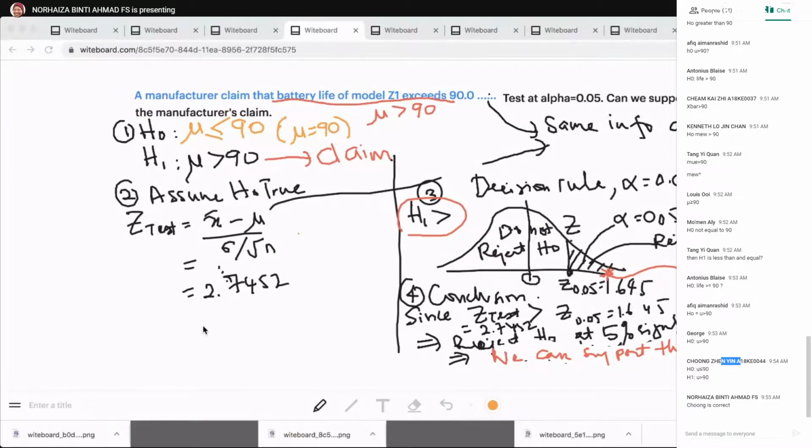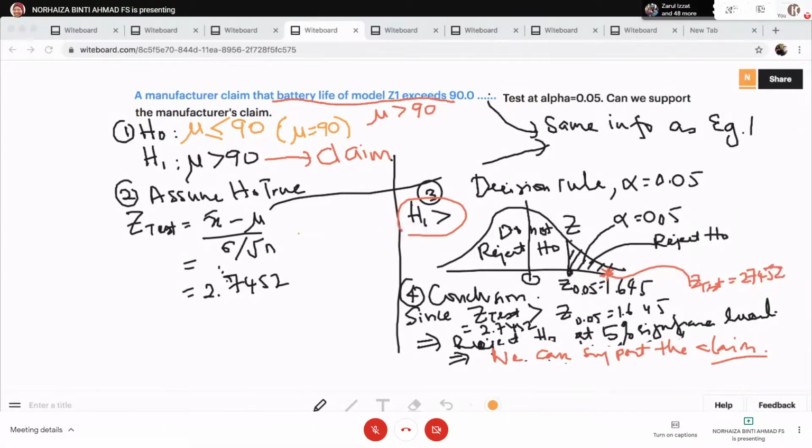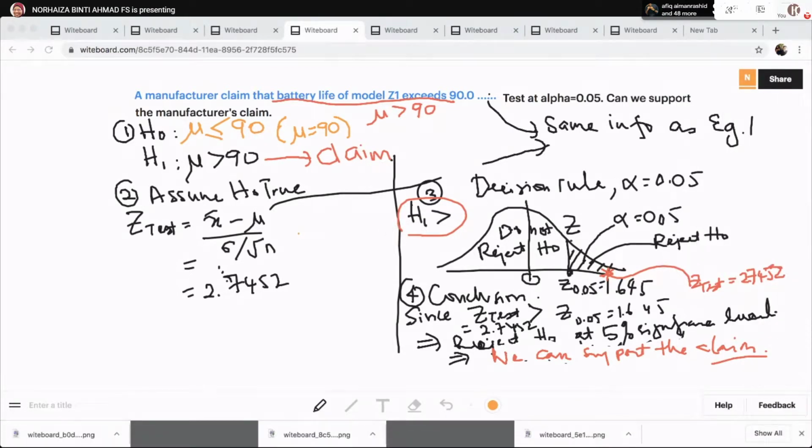If the question says the mean is at most 90, so what if my claim is battery life? In this case, Kenneth, you mean in the second example, is it?